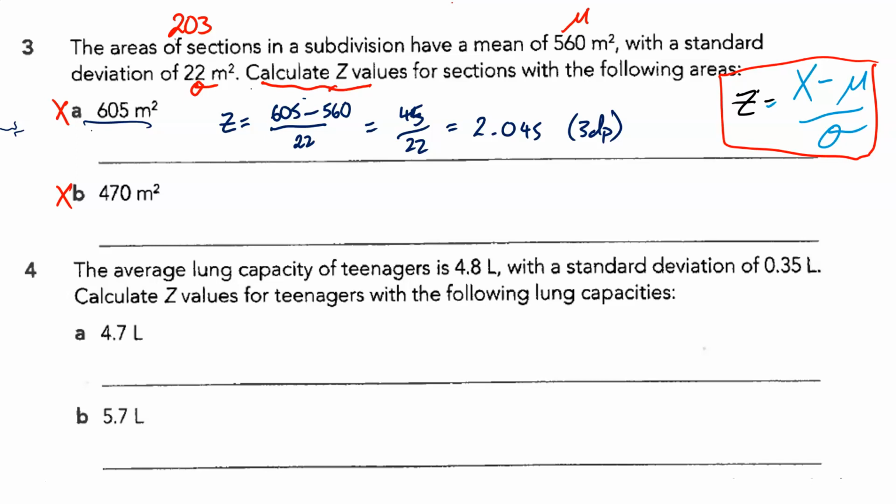So looking at the second one there, what you can do is set up your equation again. Z is equal to, this time it's not 605, it's 470.